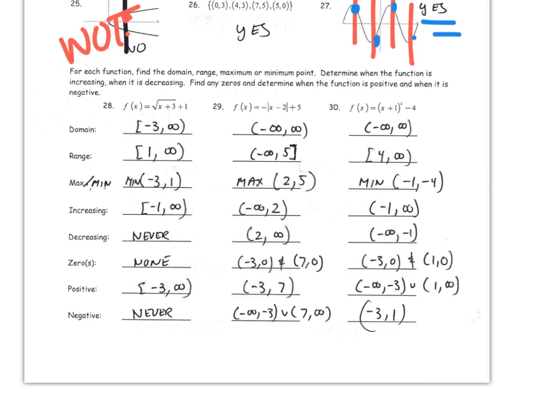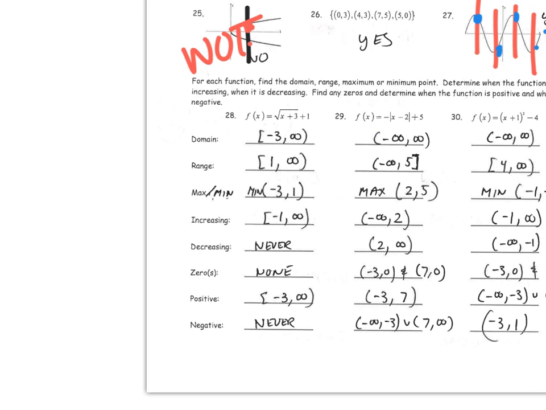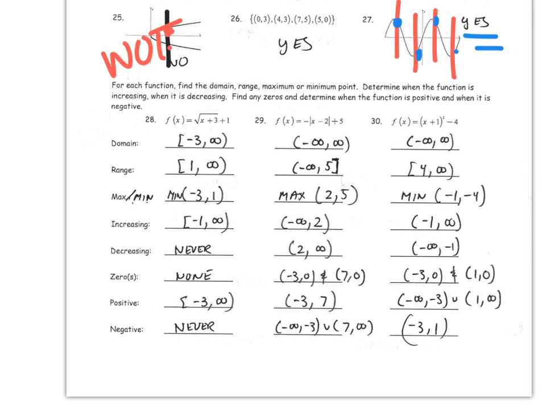Now this is where a calculator is really going to help. Okay. We look at 26, the domain. We look at 28, 29, and 30. Absolute value, the domain is continuous. There's no reason that we need to restrict the x's.